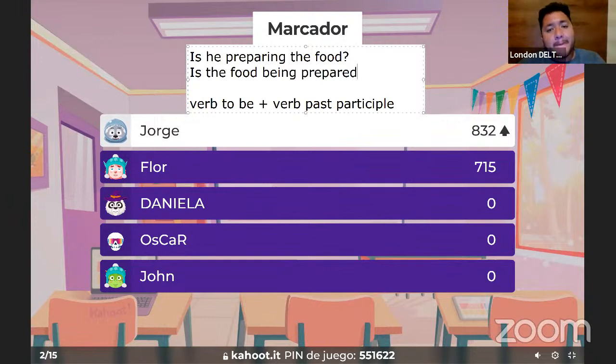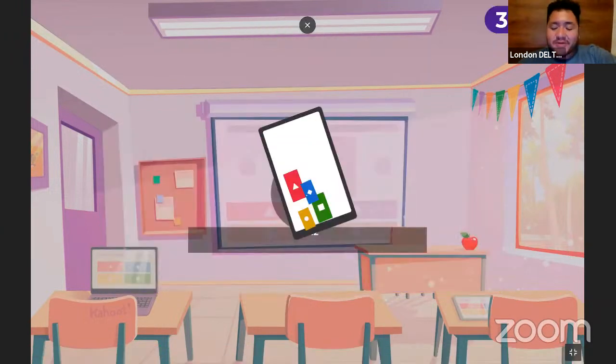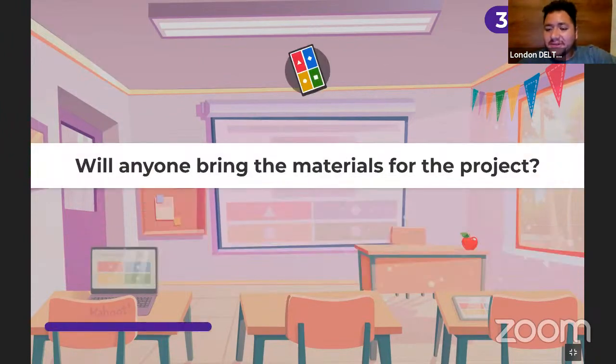Is the food being prepared? ¿Está la comida siendo preparada? Okay. Very well. Any questions? Okay, let's move on. Maybe we'll have better luck in the next exercise.